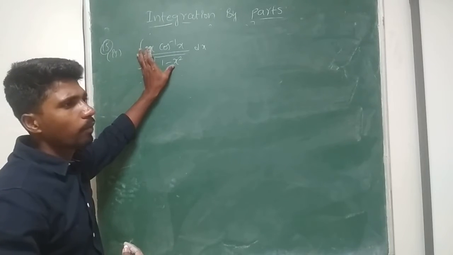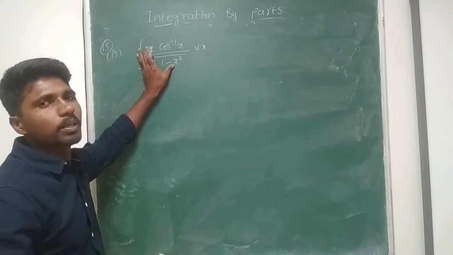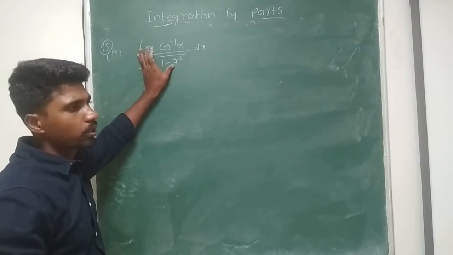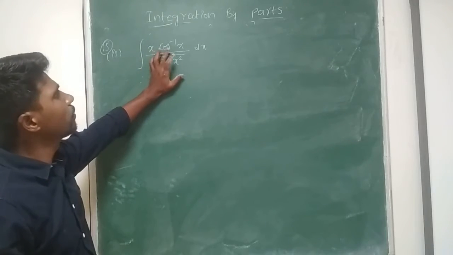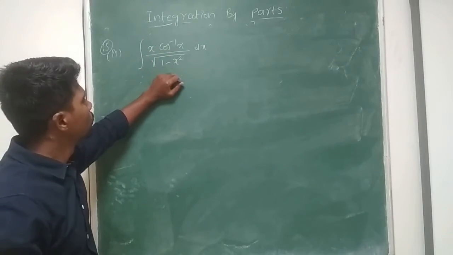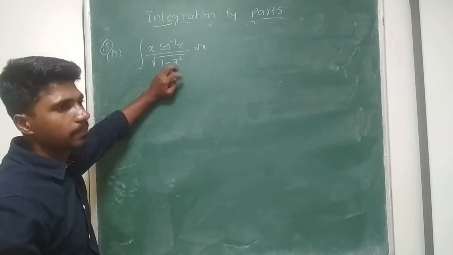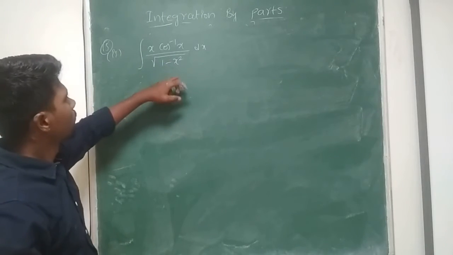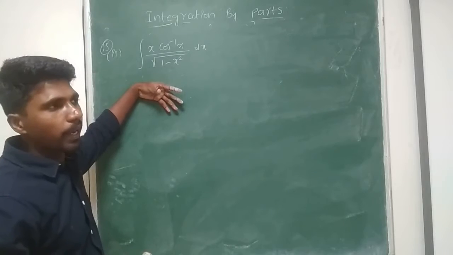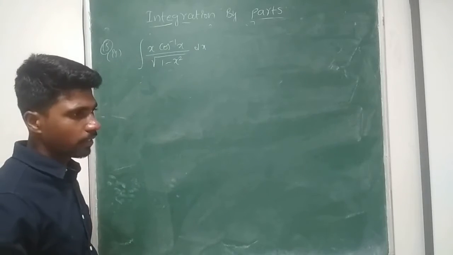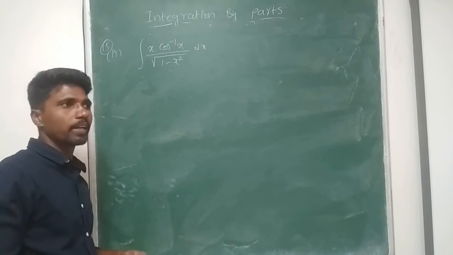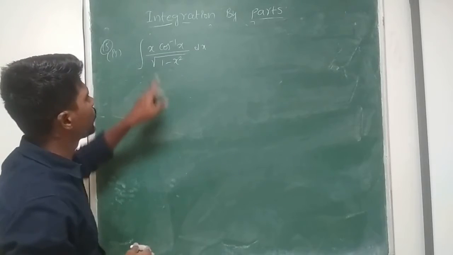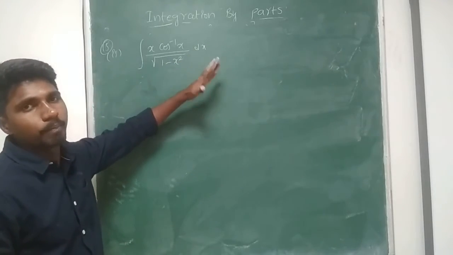So what I want to do is choose some substitution. Which substitution can I choose? I can choose cos inverse of x as t. If I use cos inverse x as t, its derivative is nothing but minus 1 by root of 1 minus x square. So minus 1 by root of 1 minus x square into dx can be replaced by dt.